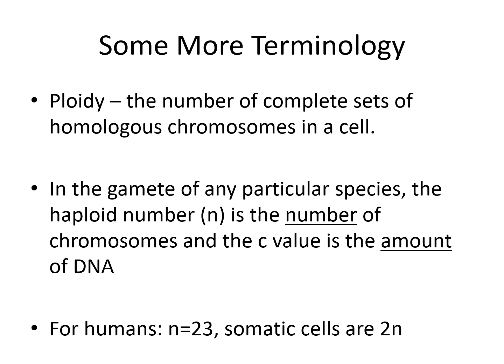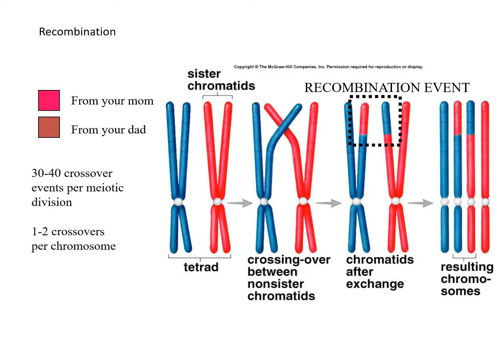So again, a gamete, C value of 1, a body cell that's in G1 is going to have a C value of 2, and a cell that has begun the process of meiosis or mitosis, but the chromosomes have not been pulled apart yet and the chromatids have not been pulled apart yet, is going to have a C value of 4.